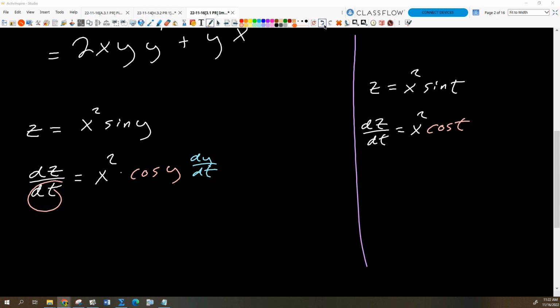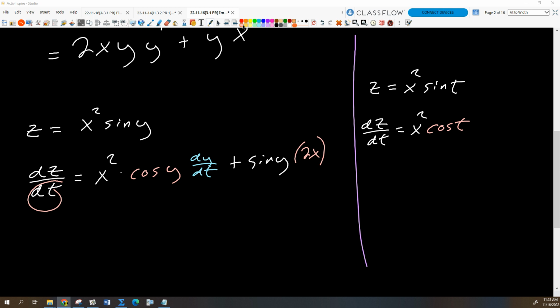Okay, let's finish the job here then. What's the second part of this one going to be? What do you think here? What's the second part by the chain rule going to be? So we did first times derivative of the second. Now we have to do second times derivative of the first: sine y times 2x. First of all, we've got the derivative of x squared, right? It's going to be 2x, right? But once we peel away x squared, what's inside is not a t.